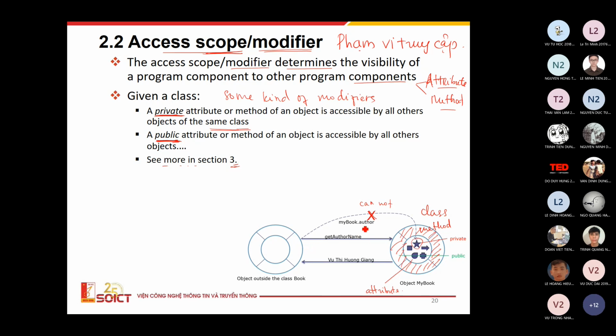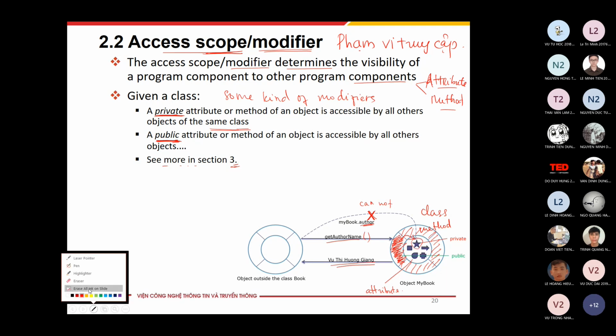And you can just get the author name via a method which is granted public. For example, you have one method named get author name. This get author name is in the public modifier, so you can use this method to get the name of this book. So remember that only the public method can access the private attribute, okay?